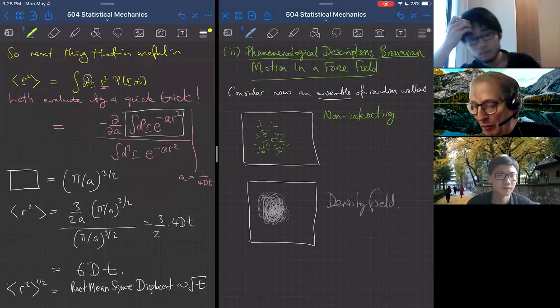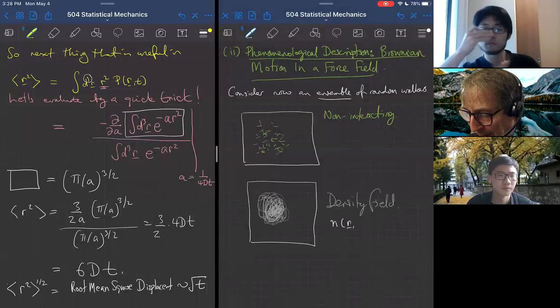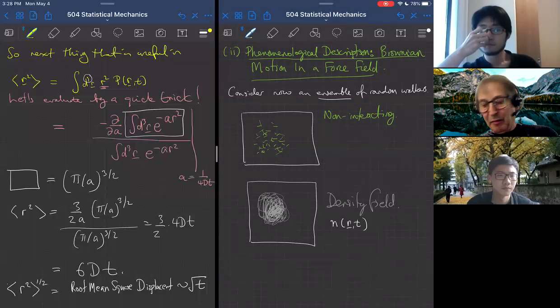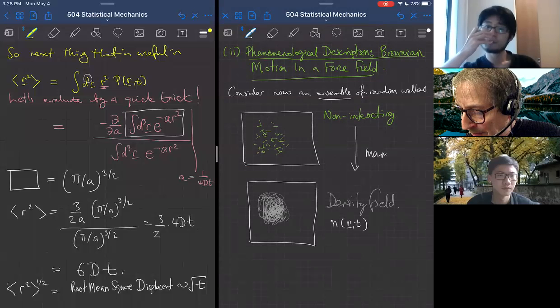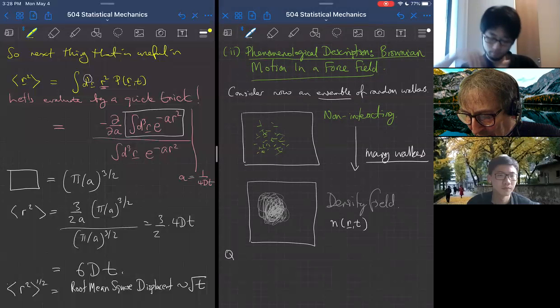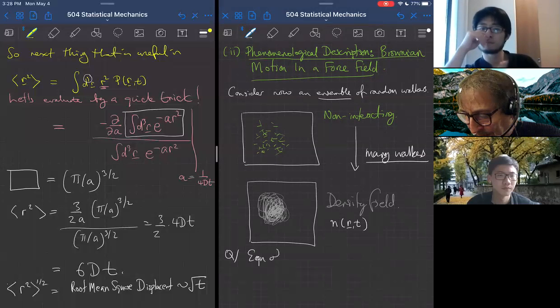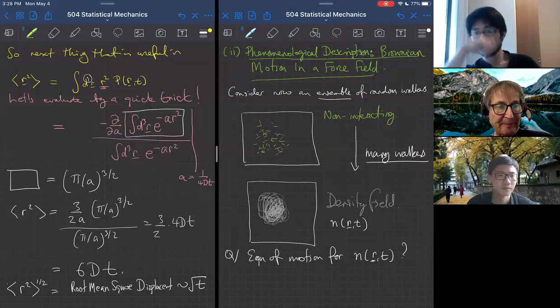And we're going to call that density field n of r at time t. If I have many walkers, then I get this density field. And so now the question that we want to ask is, what is the equation of motion for n as a function of r and t?